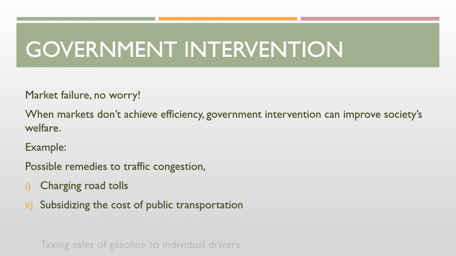Like we said earlier, in the traffic congestion case, maybe the government can implement something like charging a toll fee, maybe subsidizing the cost of public transportation to make people take more public transportation and drive less, or maybe taxing the sales of gasoline, making it more expensive for people to drive. Those are policies providing economic incentives to people to change their behavior so that we can resolve those social problems in the market setting.